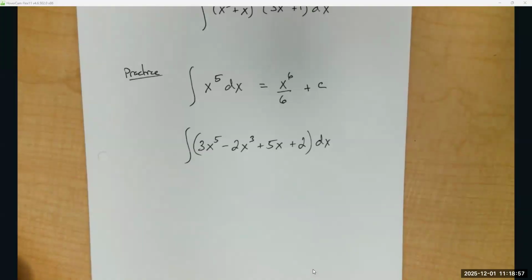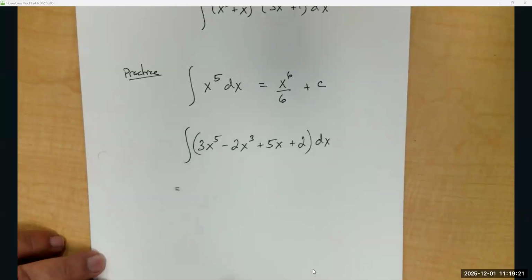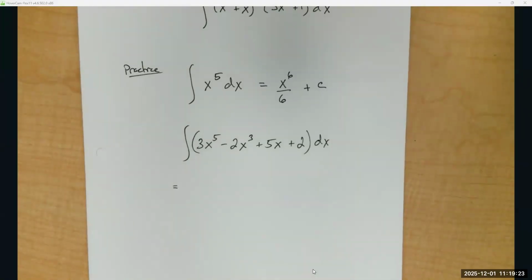Find me the integral of that one. Would this be simply that function squared over 2 plus c? Good thought. I see what you're thinking.